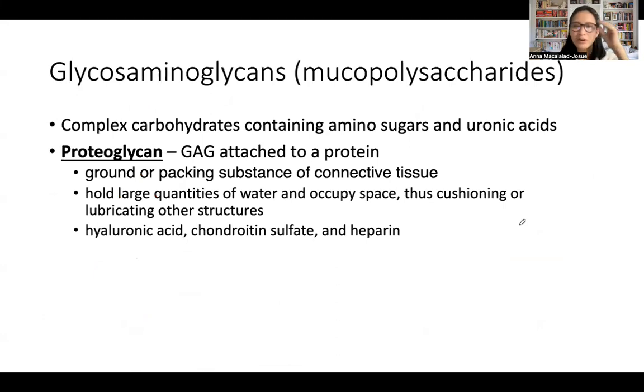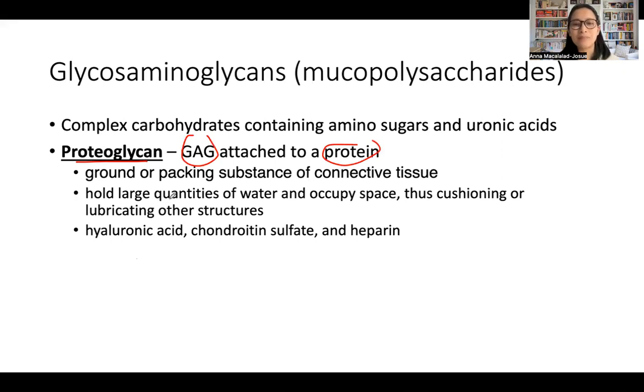So we're almost towards the end. Now, glycosaminoglycans, also called mucopolysaccharides, are complex carbohydrates containing amino sugars and uronic acid. So remember, this is sugar, amino, and uronic acids. When your glycosaminoglycans are attached to a protein, it becomes your proteoglycan. Your proteoglycan forms part of the ground or packing substance of connective tissue, especially your cartilages.